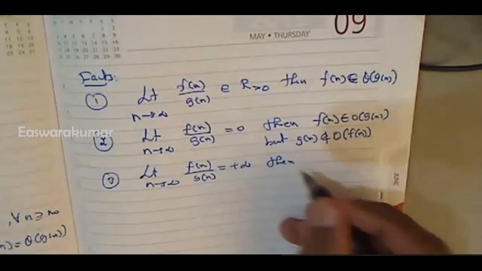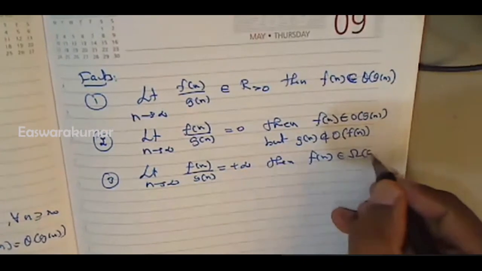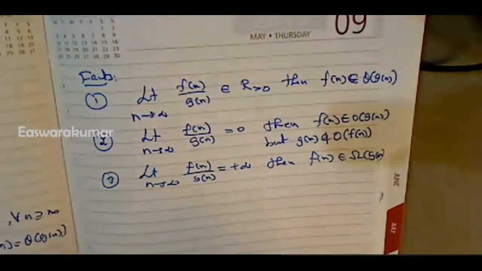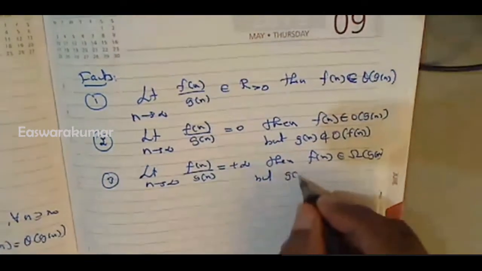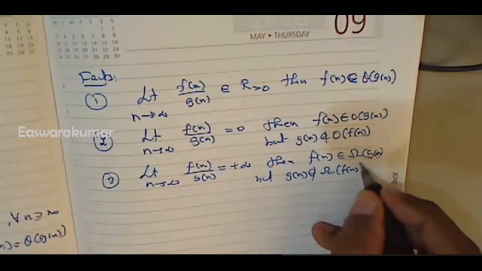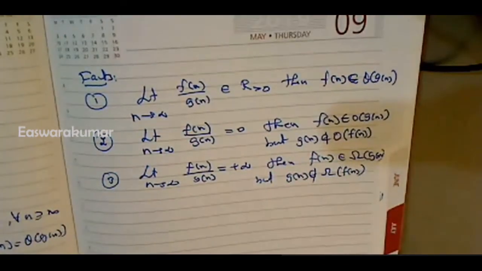So in this case, we can say that f of n belongs to omega of g of n, but g of n does not belong to omega of f of n. So these are the three properties. Some more things are there, but this much is sufficient for you.